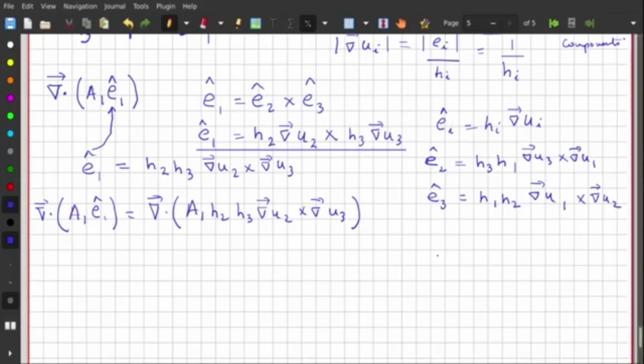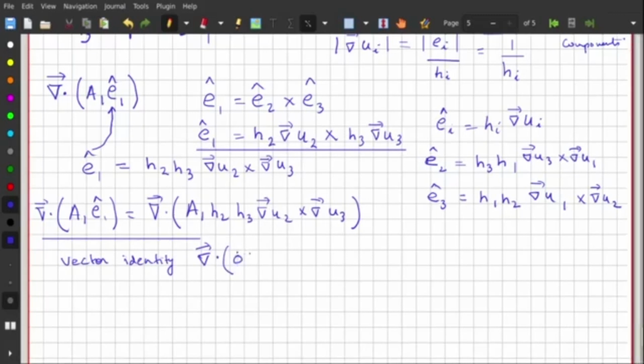Okay, so let's see now. Let's remember a vector identity which we know from before, which is basically the equivalent of the product rule of calculus.